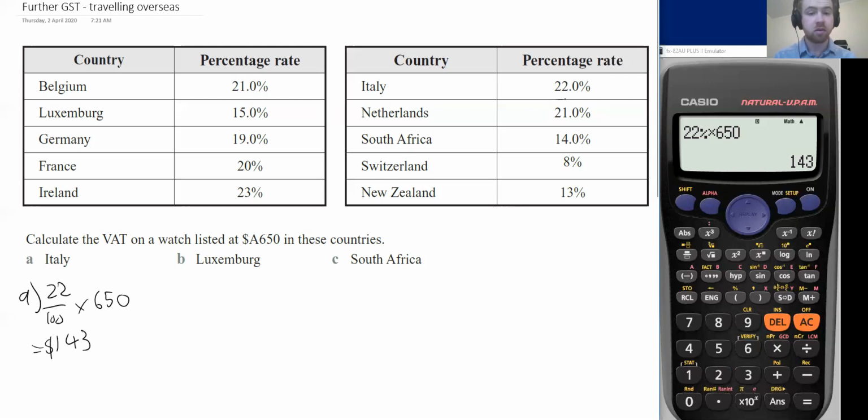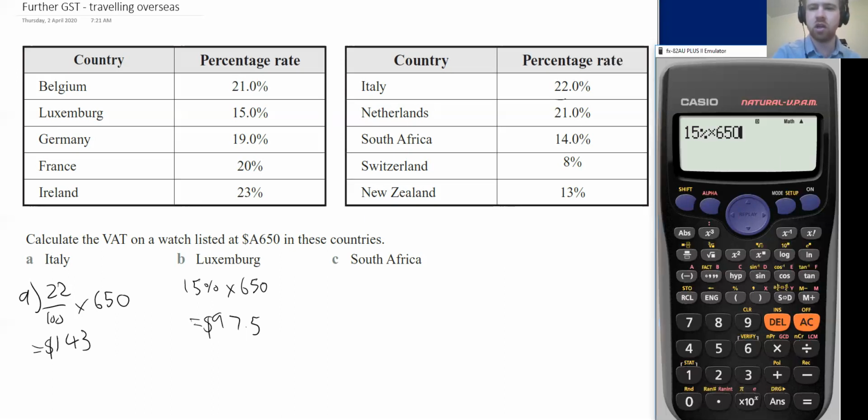Okay, in Luxembourg, we're going to do the same thing, except we're going to do 15% times 650. Okay, so we can just go back and change our percentage here on our calculator, and we get our new value, which is 97. And then lastly, South Africa has a VAT rate of 14%.